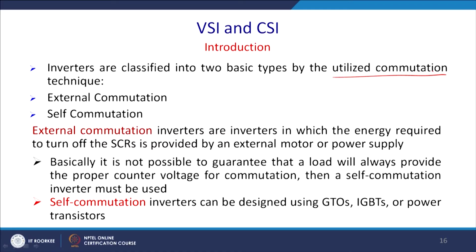We require to know whether it can be commutated by external commutation circuits, so you have to place an external commutation circuit to commutate it, or it can ensure natural commutation, like in the case of conversion. In the case of DC to AC conversion, thyristors are line commutated.